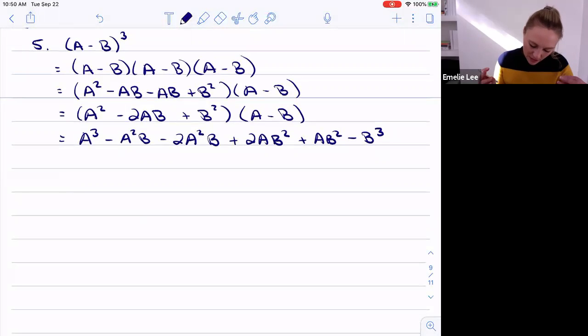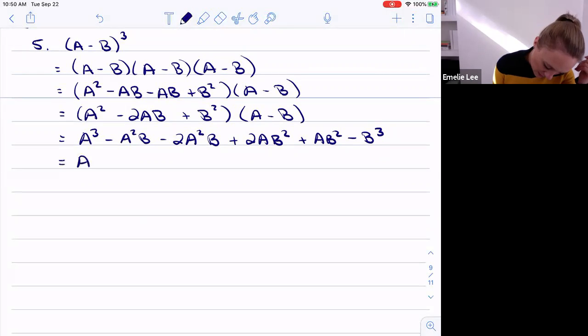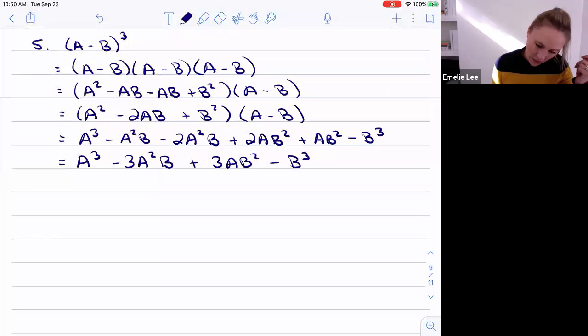So collecting like terms, I've got a squared b and ab squared terms, so I can collect these and say I've got a to the 3 minus 3a squared b plus 3ab squared minus b to the 3.